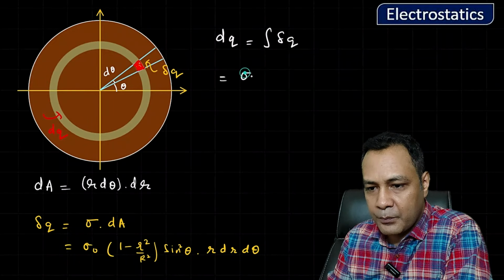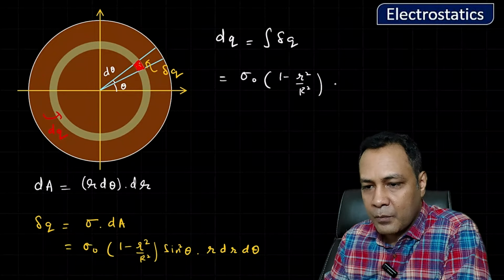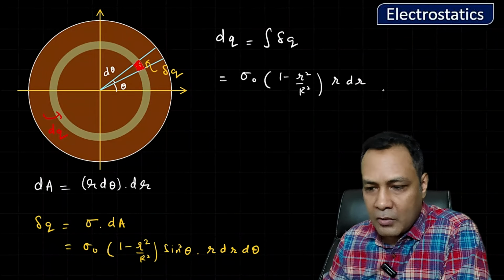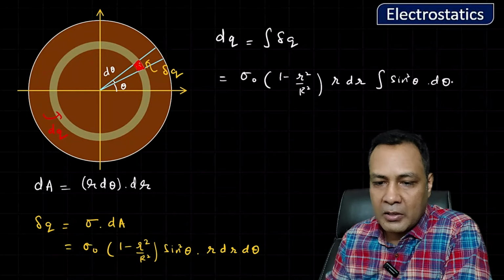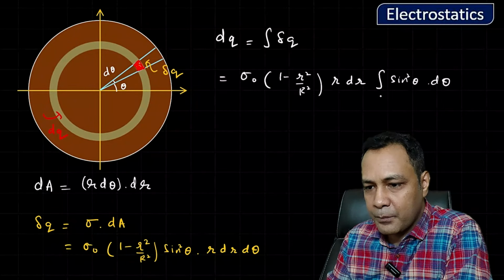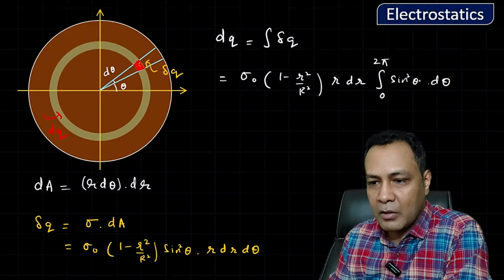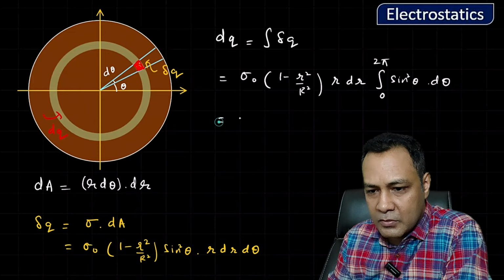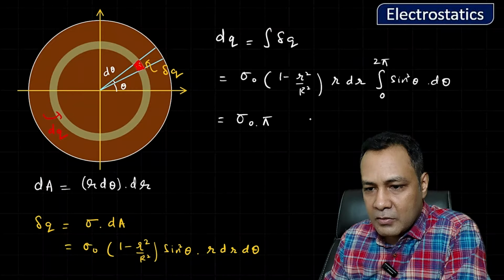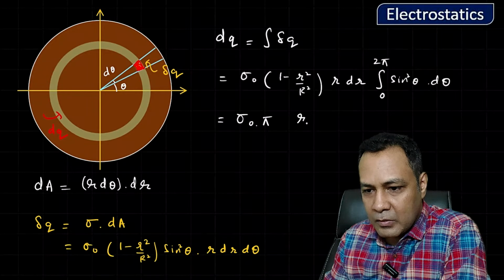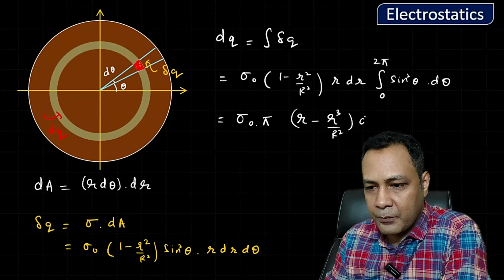So sigma naught into 1 minus r square by capital R square and r dr, and within the integration, sine square theta d theta, and that theta has to be taken from 0 to 2 pi, and we had just calculated this integral, that had come to be pi. So this will be sigma naught into pi, and let me simplify that, r minus r cube by capital R square dr.